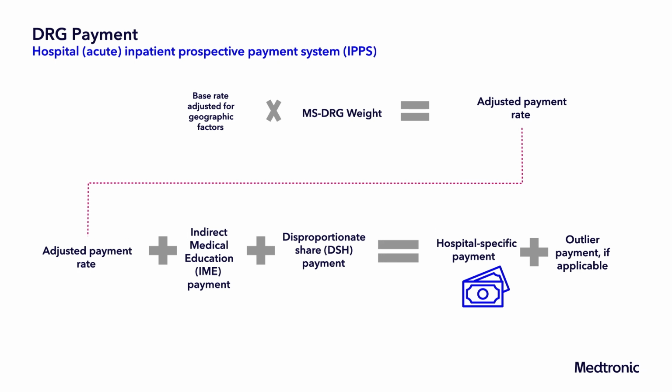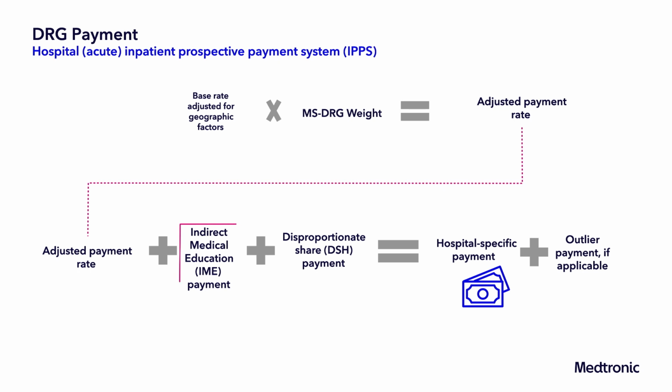If the hospital treats a high percentage of low-income patients, it receives a percentage add-on payment applied to the DRG adjusted base payment rate. This add-on is known as the Disproportionate Share Hospital Adjustment, or DSH. Also, if the hospital is an approved teaching hospital, it receives a percentage add-on payment for each case paid through IPPS.